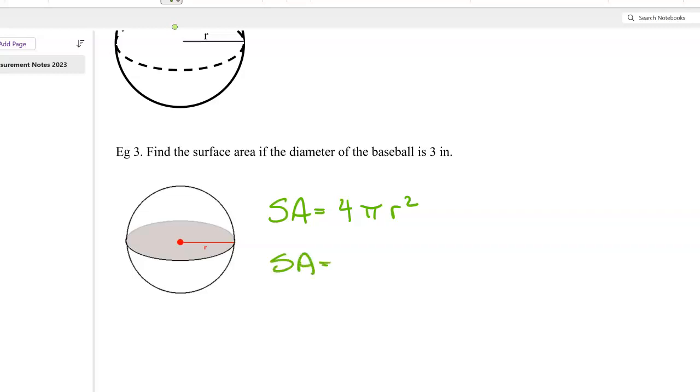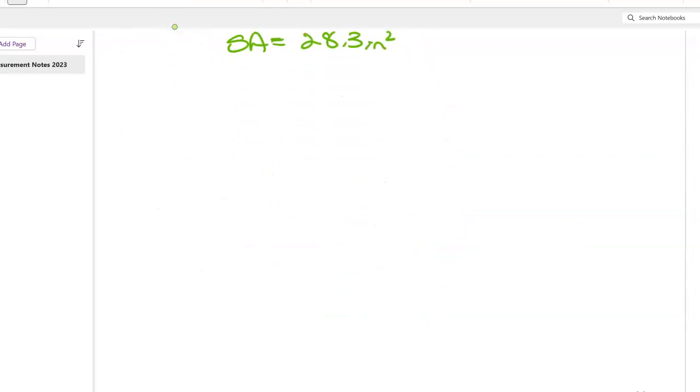So surface area is going to be 4 times pi times 1.5 squared, because it says diameter is 3. We just type that in the calculator, and you get 28.3 inches squared. Pretty straightforward. No complications there.